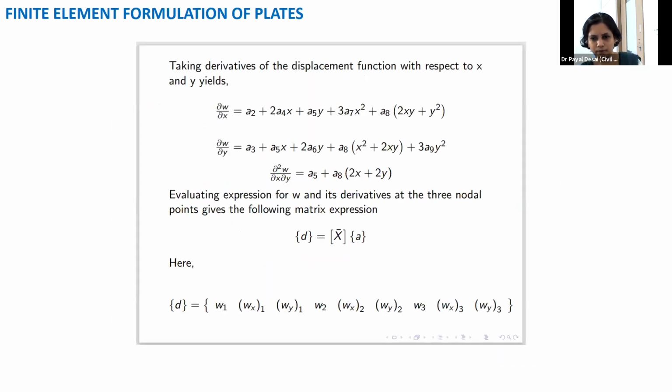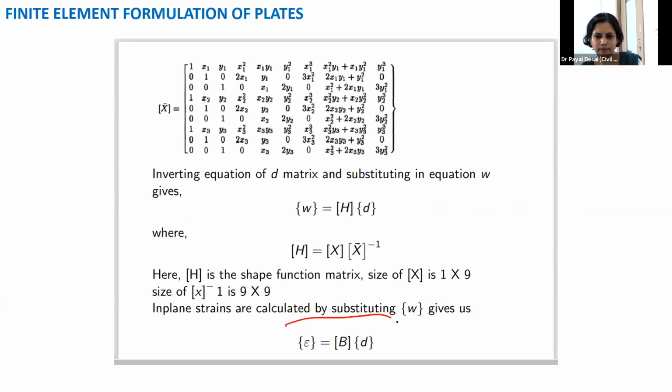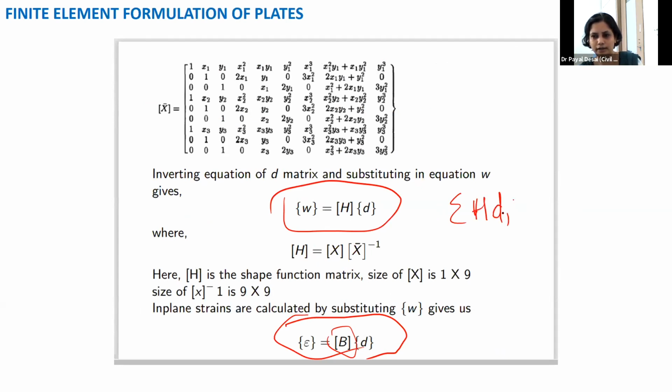Once you get your B matrix, in finite element terminology, this is about FEM formulation. I know it is a different subject, but this is a brief introduction about how you can formulate the finite element plate analysis. Once you are able to relate the epsilon with the nodal displacement degrees of indeterminacy, and if you are able to find the B matrix, which is a derivative of the shape function, this is your discretization, that is the sum of shape function H and d i, the nodal degrees of indeterminacy, i going from 1 to n.